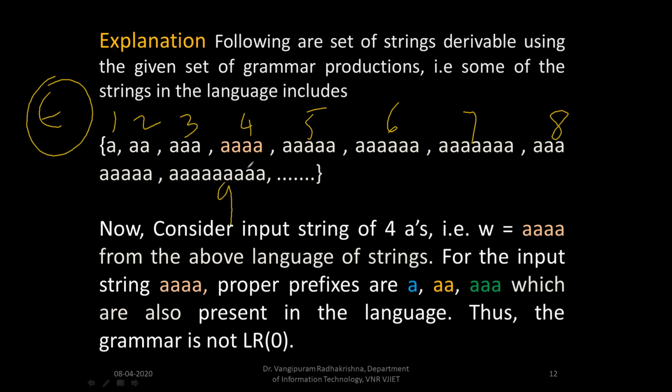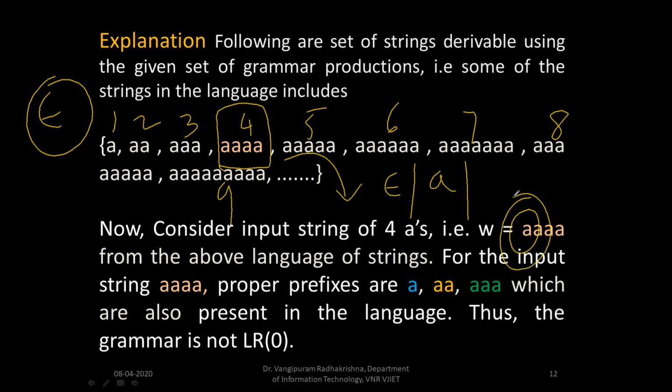Now assume that you have a randomly chosen string which is of length 4. So the possible prefixes for this string AAAA would be epsilon itself, then the string of length 1, which is A, string of length 2, which is AA, then string of length 3, which is AAA.